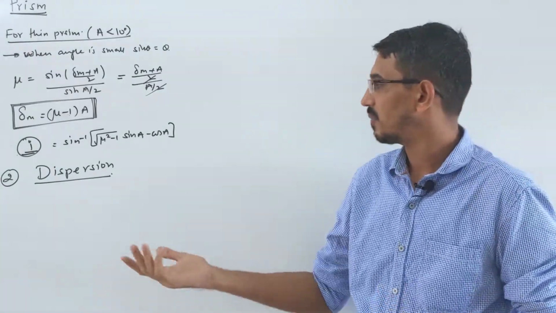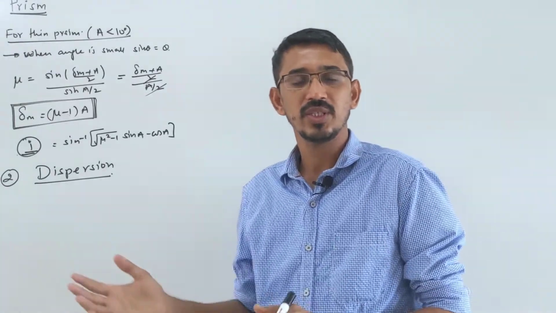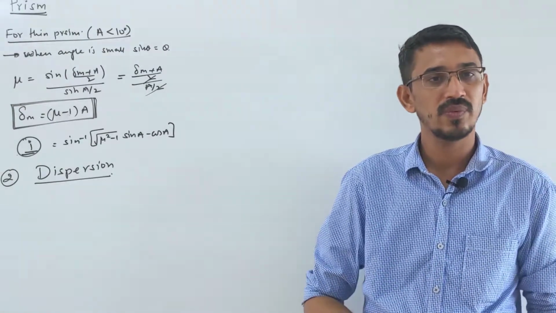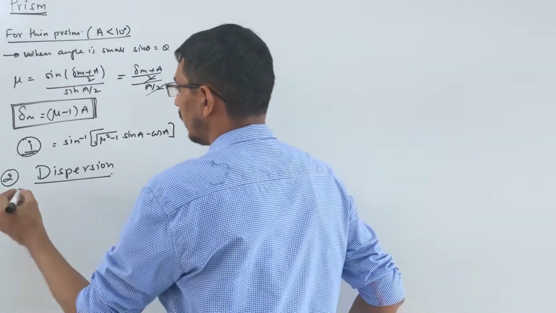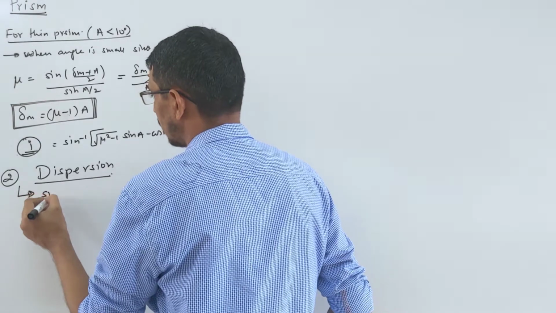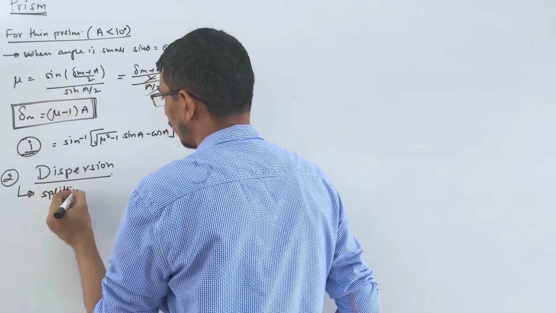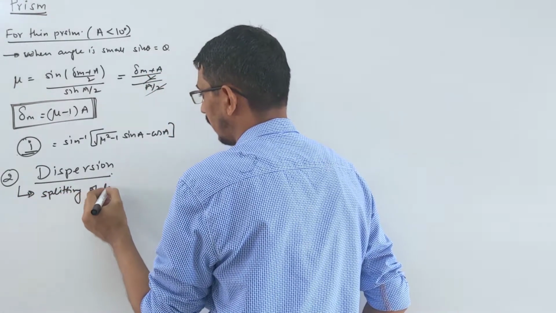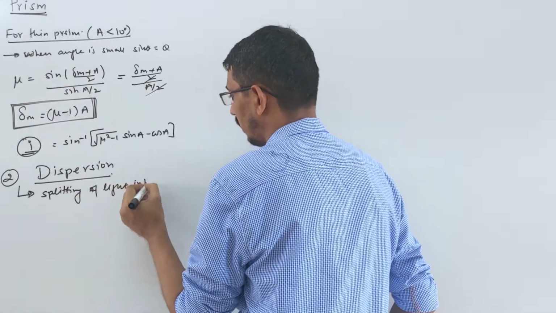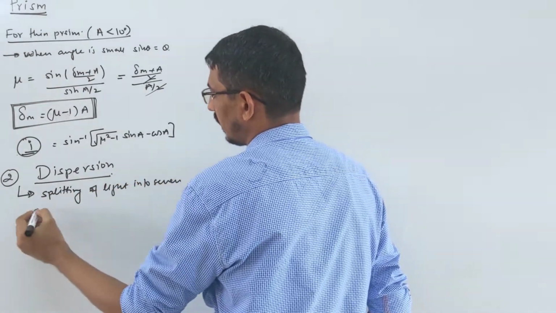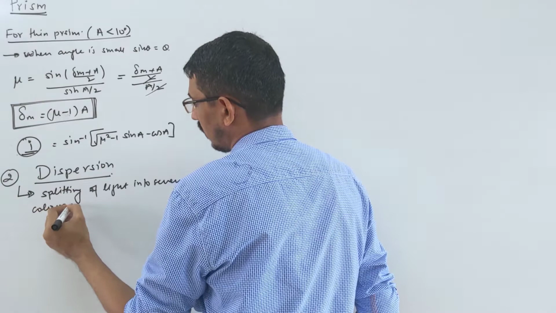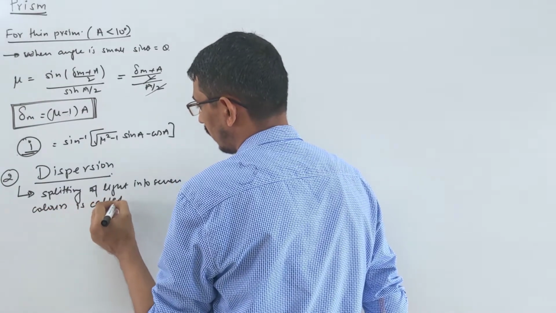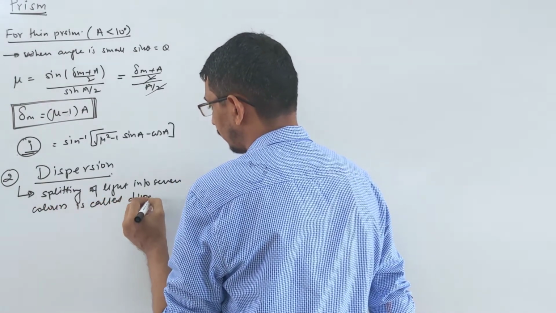This is called dispersion of light. In short, splitting of light into 7 colors is called dispersion.